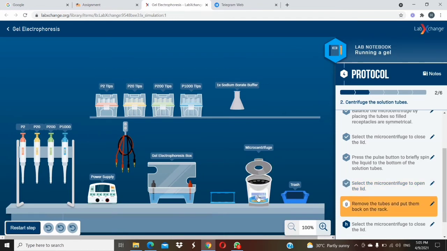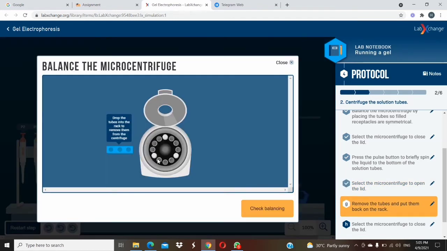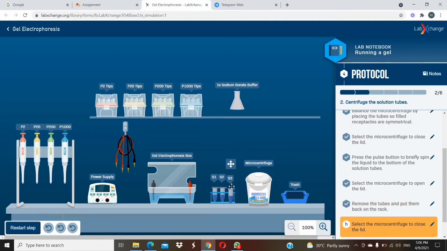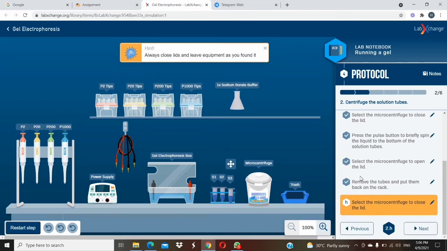Open the lid of the microcentrifuge, then remove the tubes from the microcentrifuge. Then close the microcentrifuge.